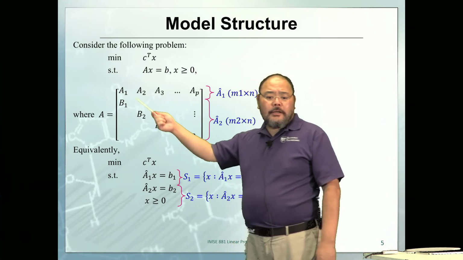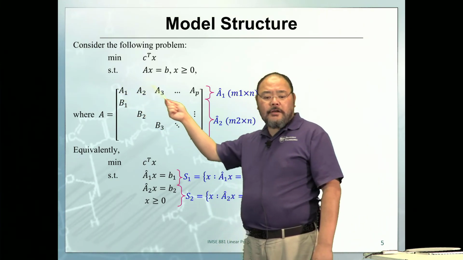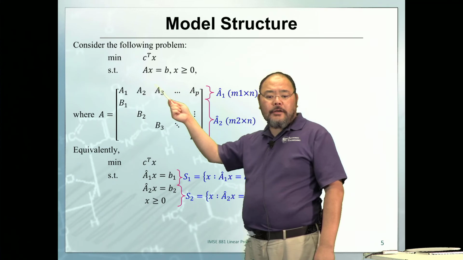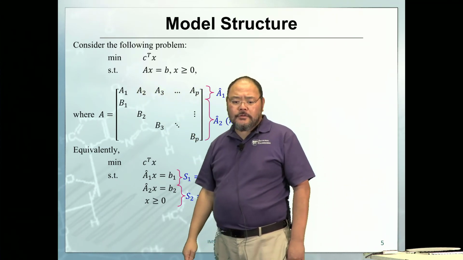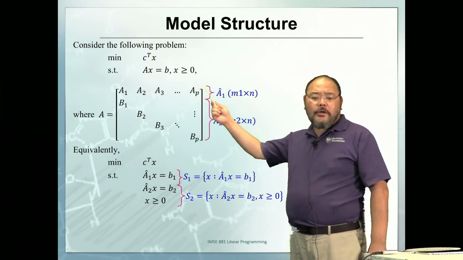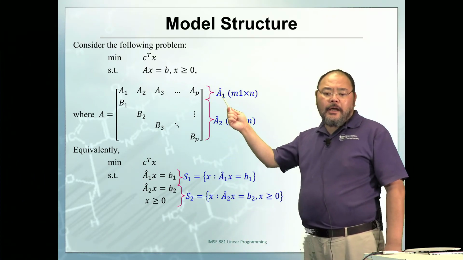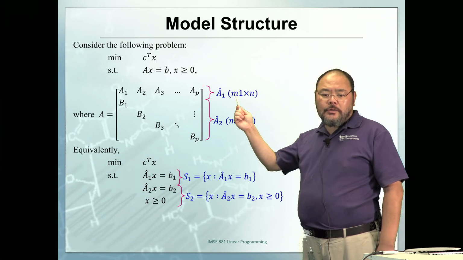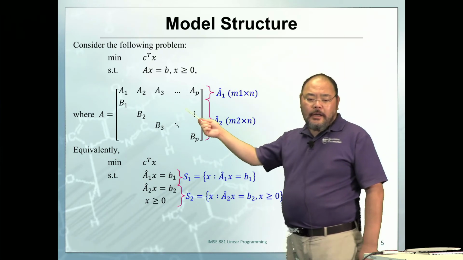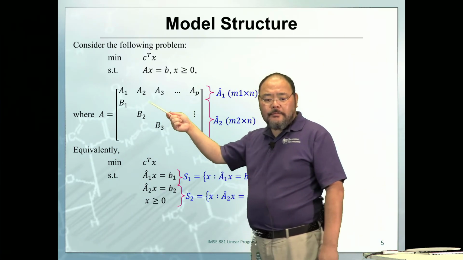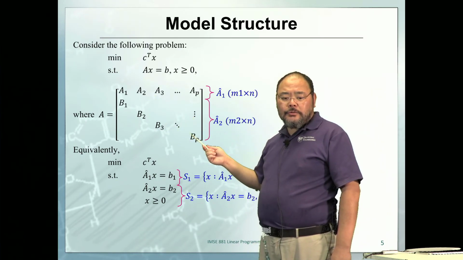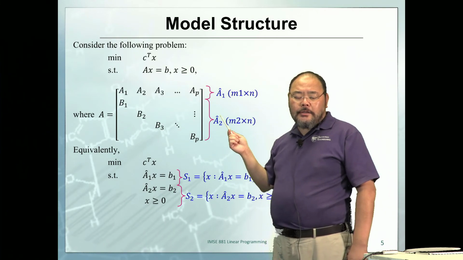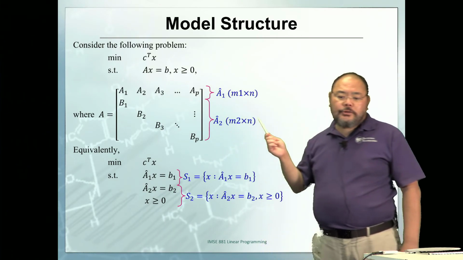I have a set of constraints, with the first part of this matrix we call A1 hat, which has M1 rows and N columns, and the rest, represented by B1, B2 to BP, we call A2 hat, which has M2 rows and N columns.